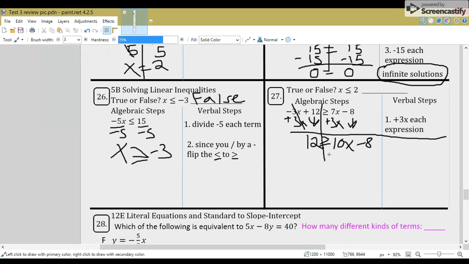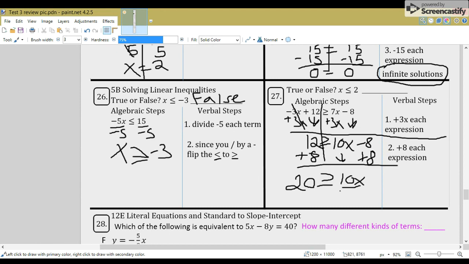Okay, the next step, let's have all the constants on one side. So let's add 8 to each expression. So then we have 20 is greater than or equal to 10x. Divide each term by 10, and then you get 2 is greater than or equal to x. So true or false, x is less than or equal to 2. Is 2 greater than or equal to x?